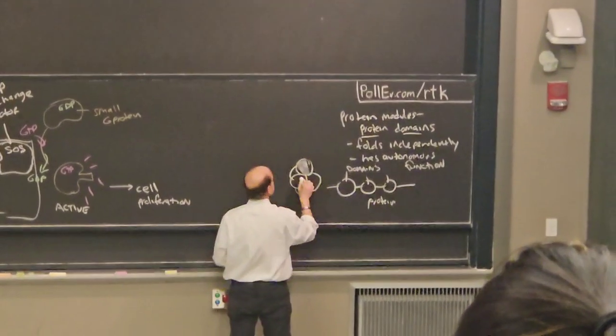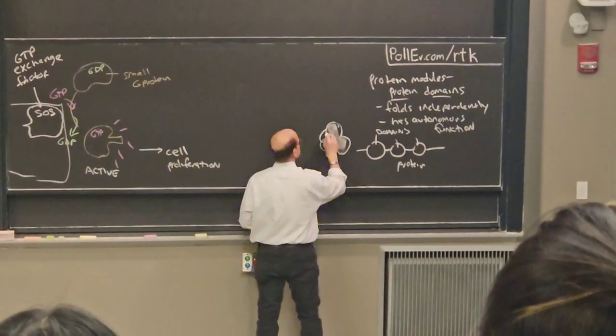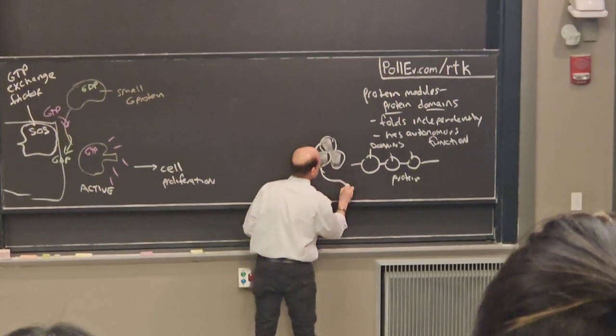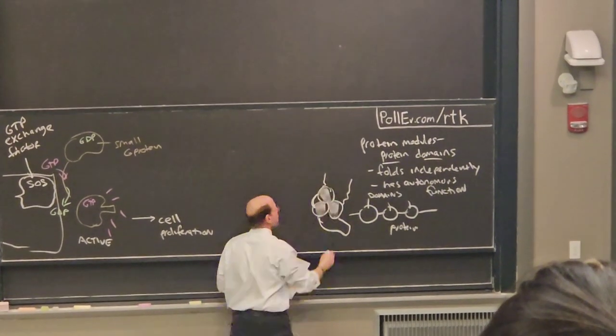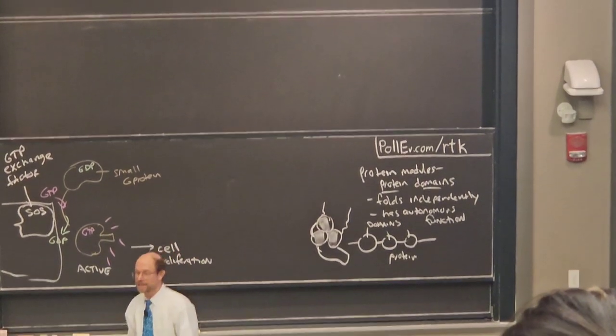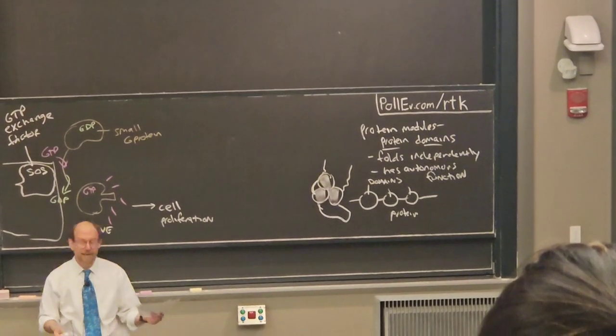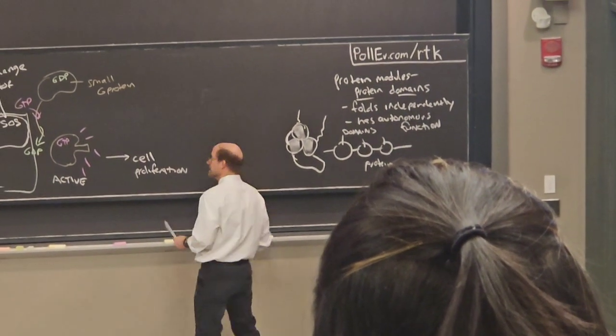Right? So here's one domain, there's another domain, there's a third domain. I might want those domains to somehow interact with each other, because that's going to give me the ability to use allostery, where binding of something to one domain might affect its interaction with another. That's the idea here.